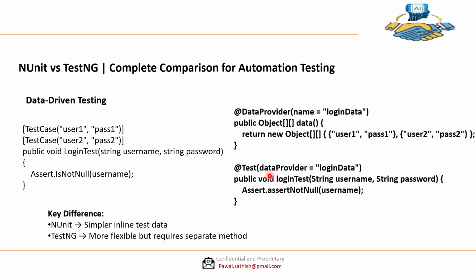Using this test method, we are just calling the data provider method and asserting the first name, username, and password. So in NUnit it is simple inline test data, while TestNG is more flexible but requires two separate methods.